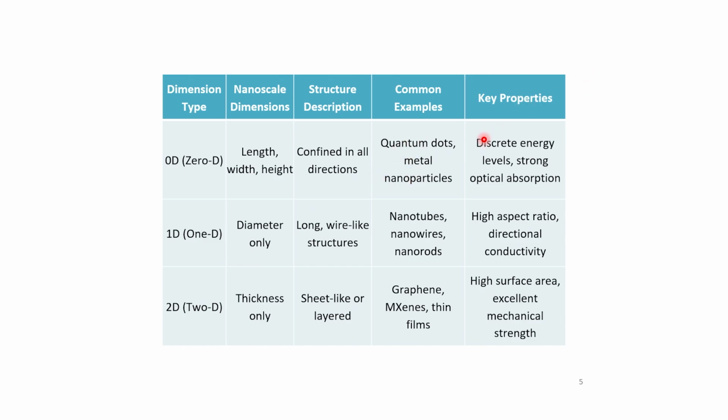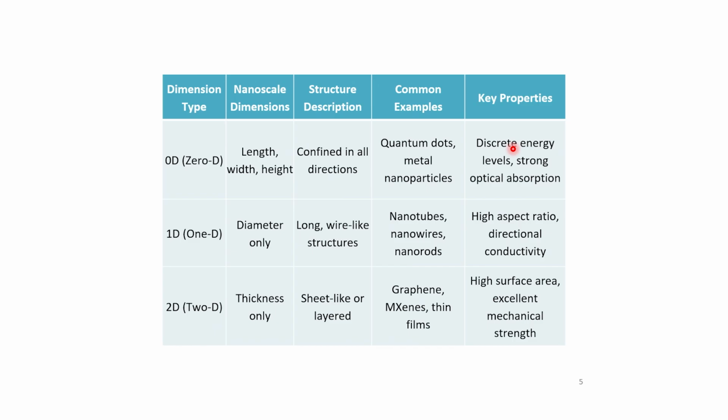So common examples are quantum dots, metal nanoparticles, these are all 0-dimensional nanomaterials. Then key properties: like I have already told you, quantum confinement, the electrons get confined to a very small space, to nanoscale, when the material's size becomes comparable to the de Broglie wavelength of the electron.